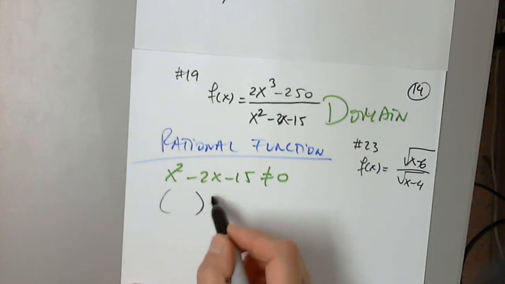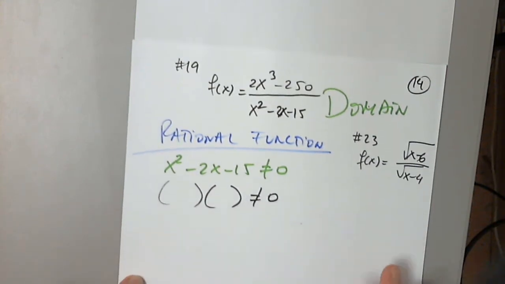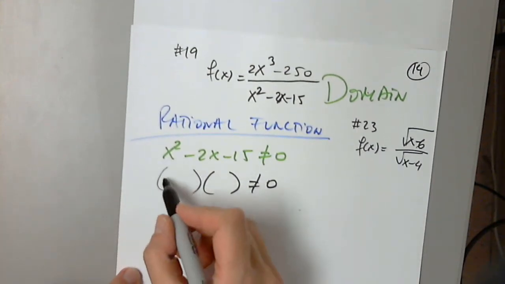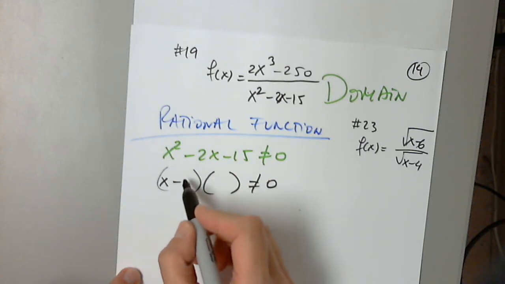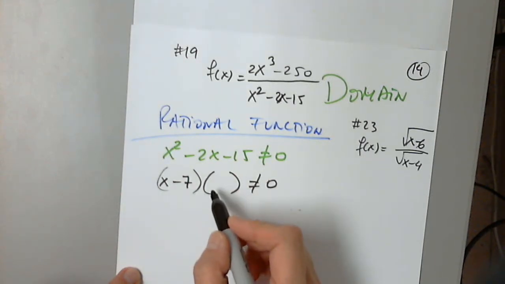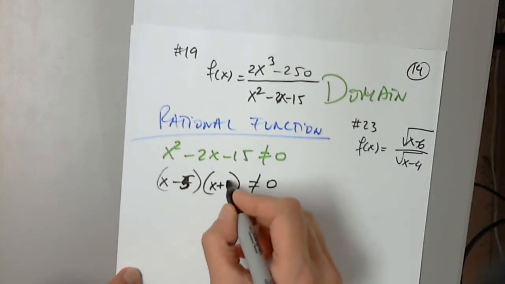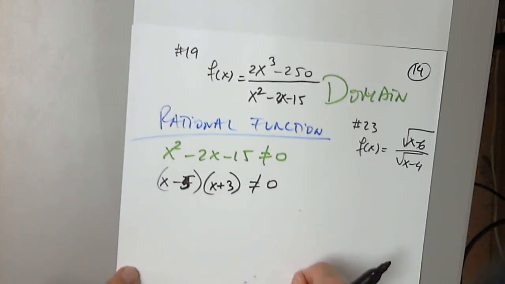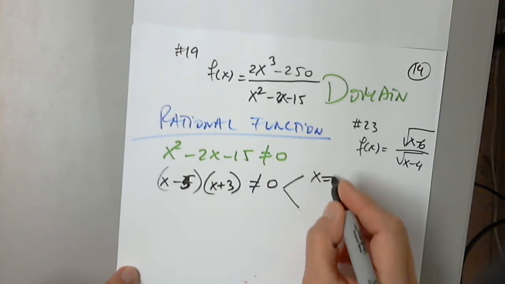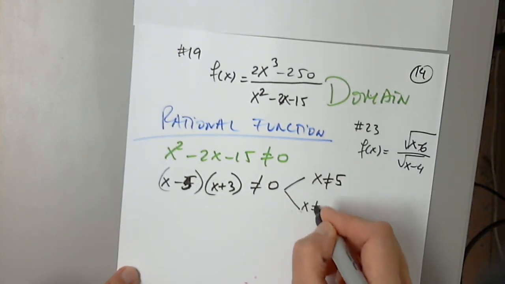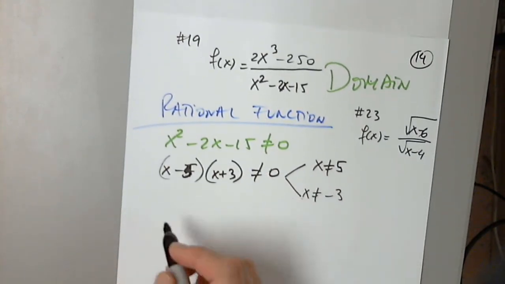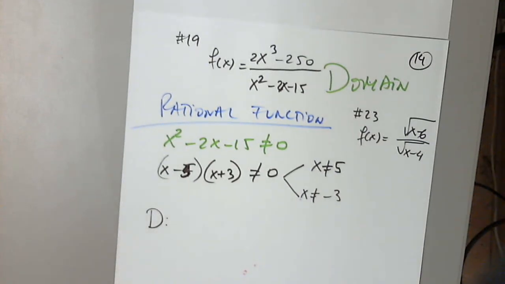Can anyone give us the factor form? X minus 5, x plus 3. Very good. So there are two options. X cannot be positive 5 and x cannot be negative 3. But they want us to present the domain.